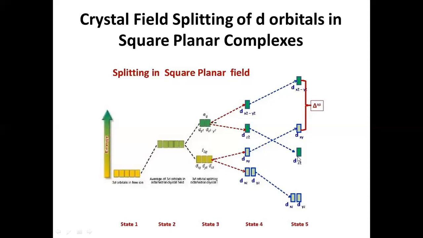So this is how the splitting of the d orbitals of the metal ion occurs in square planar complexes, which we can see very clearly here. The difference between the splitting of dx square minus y square and dxy is nothing but delta square planar, the splitting difference.